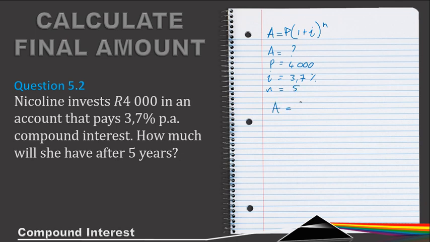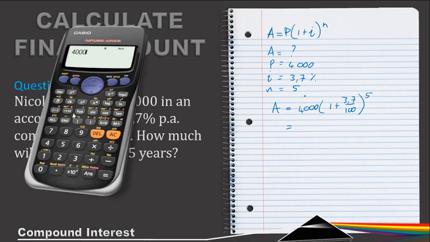So A is equal to 4,000 times (1 plus 3.7 over 100) to the power of 5, and we can type that in. Right, so our answer there would be 4,796.82 rand.